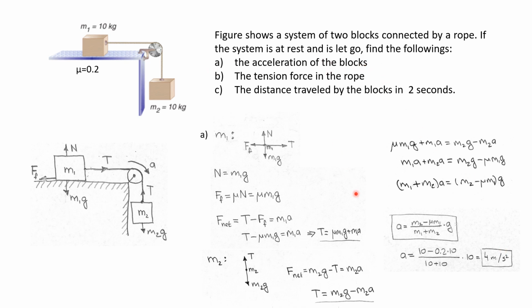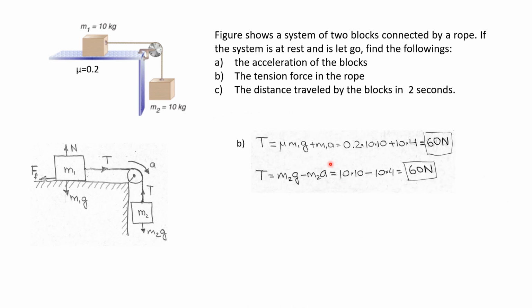Now let's consider part B. Since you already know the acceleration, you can calculate the tension force from either one of those equations. Let's use the first one: the tension is mu times m1g plus m1a.